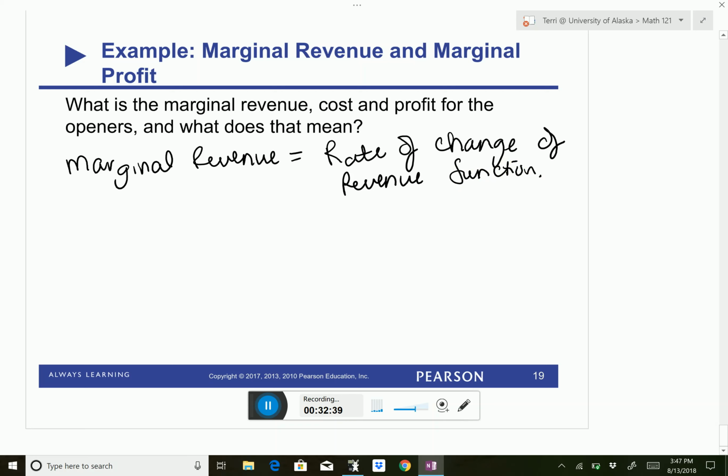And for our purposes, usually for linear revenue functions, this is usually price. But later on, when you start going into other things in calculus, you will see revenue functions that are not linear functions, because you have to have an idea of demand in there also. Because sometimes you can't just set your price at $10 and be done with it. Your prices change constantly because of supply and demand.